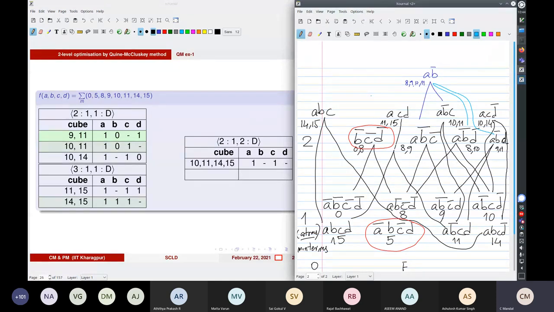So 14, 15 is here and 10, 11 is here. We can combine 10, 11 with 14, 15 and you will get AC.